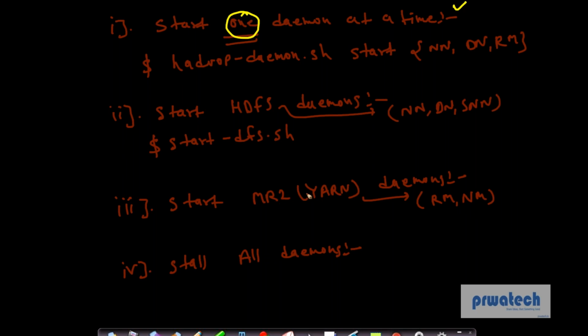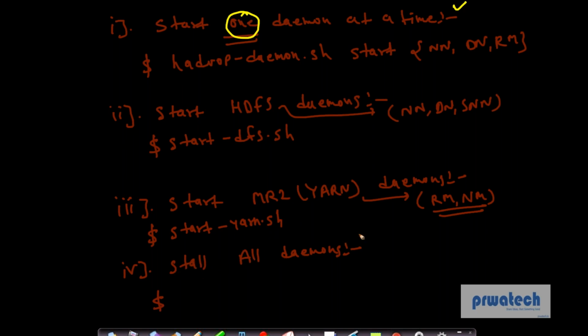Now, to start this MR2, the script name is start-yarn.sh. This will only start resource manager and node manager. So these two scripts Hadoop has given you. If you want to start separately, you can call this one first and then the second one, yarn.sh.